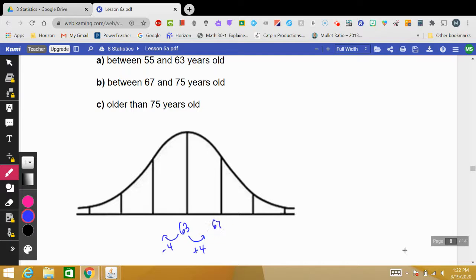So we have 67, 71, 75, and then we have 59, 55, and 51. So again, almost all of the members of this club are between 51 and 75. And if they had anybody outside of that, those people would be considered outliers.